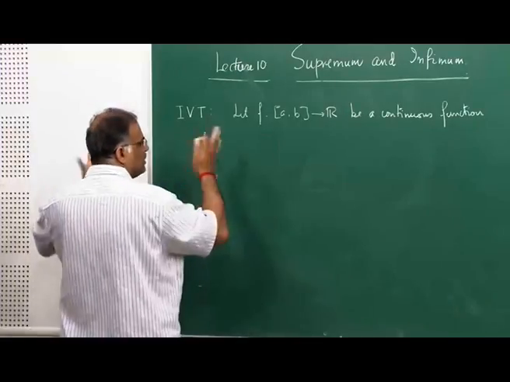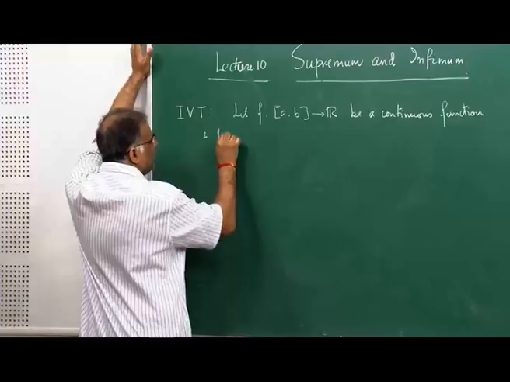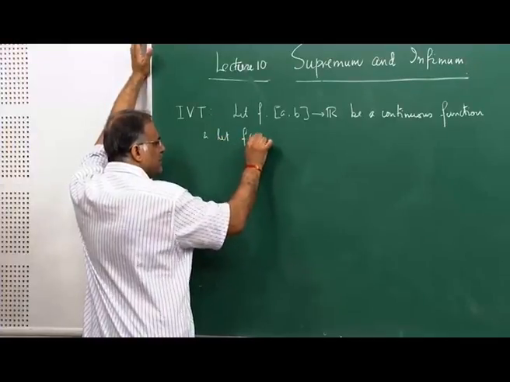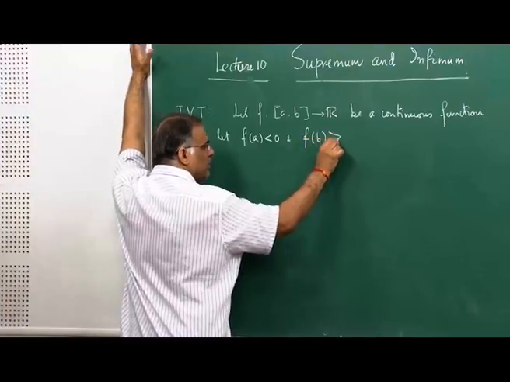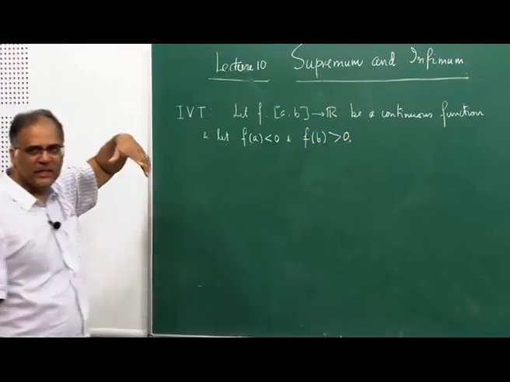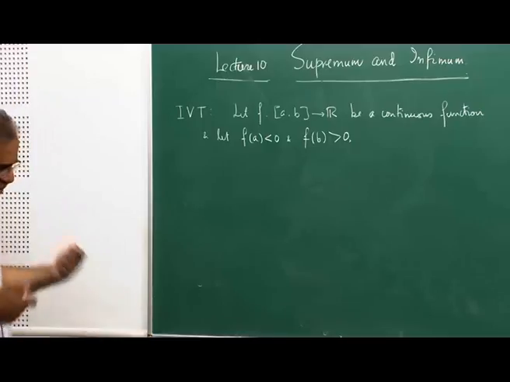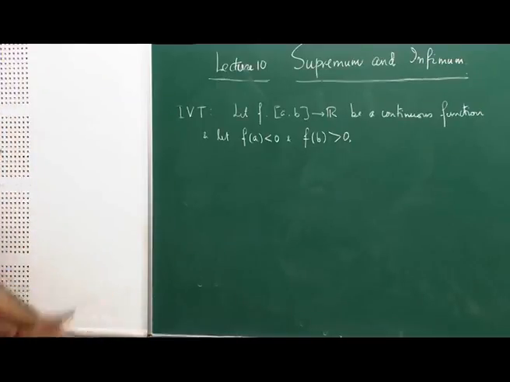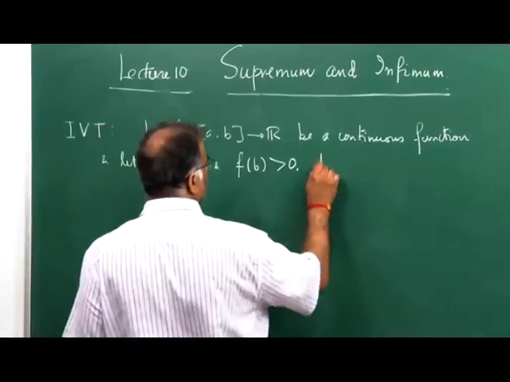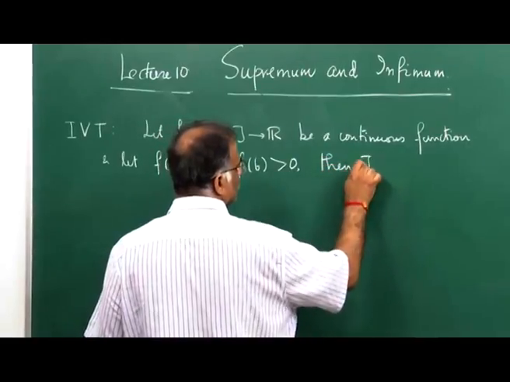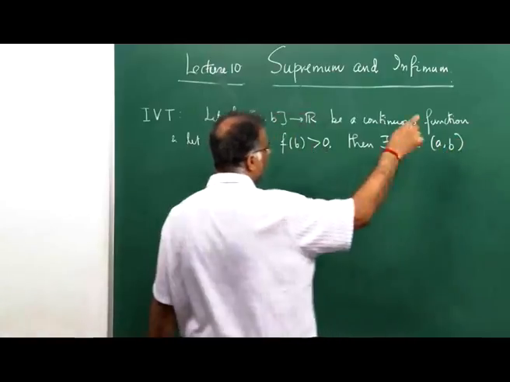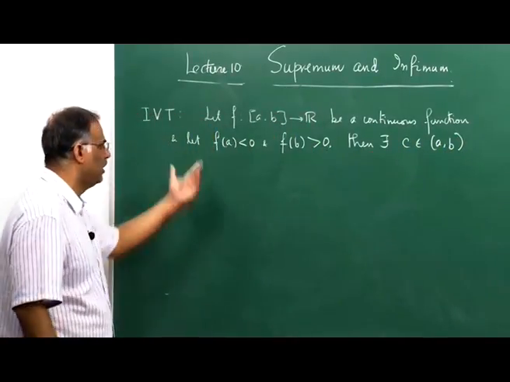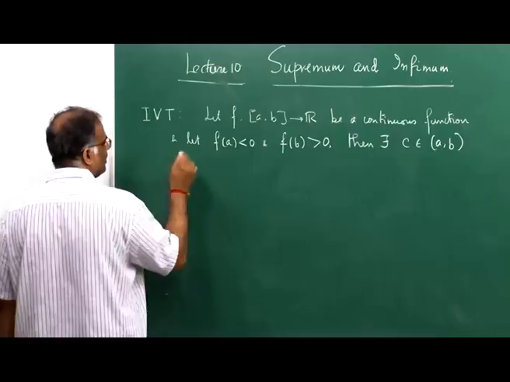Just for the sake of it, let f a be negative and f b be positive. Then there exists c strictly lying between a and b such that f c is 0. Then there exists c in the open interval a b, or even the closed interval, it does not matter, because c cannot be either a or b.